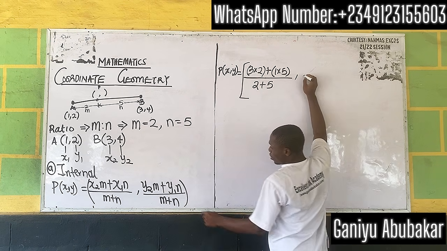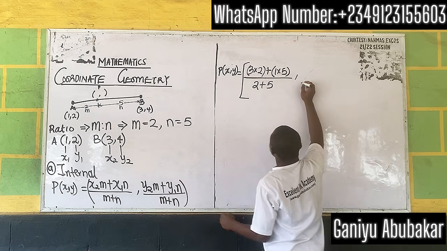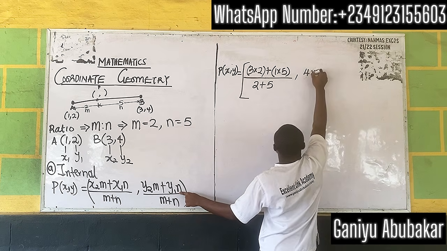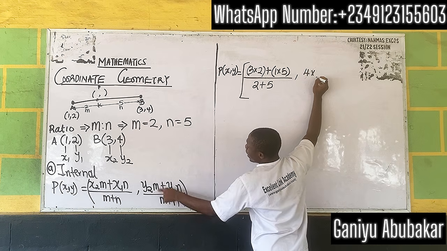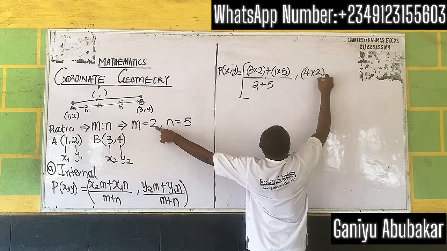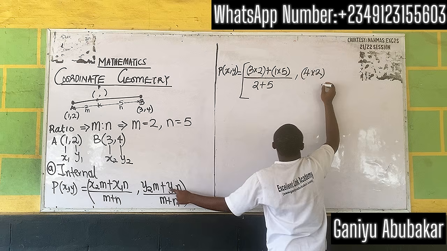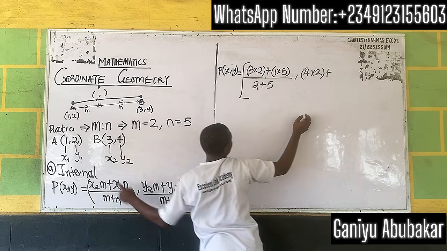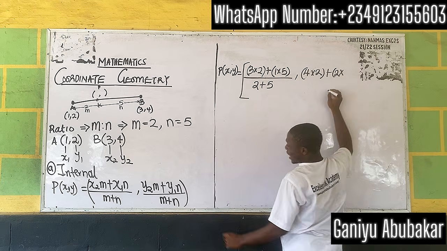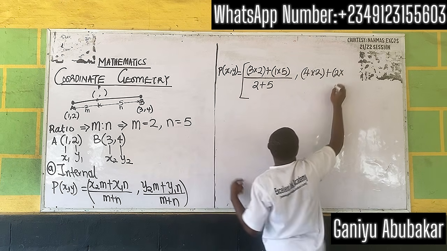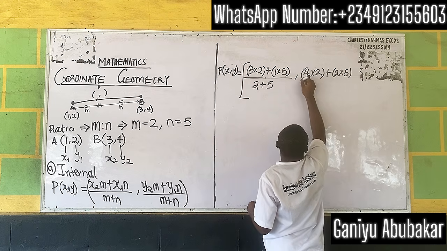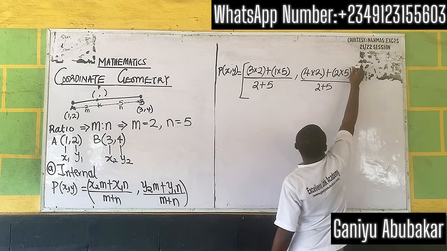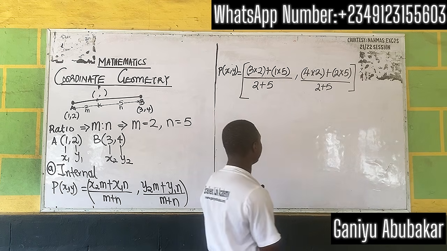Then comma, y2m. y2 is 4, times m, which is 2. Then plus y1n. y1 is 2, times n, which is 5, all over m plus n, that's 2 plus 5.